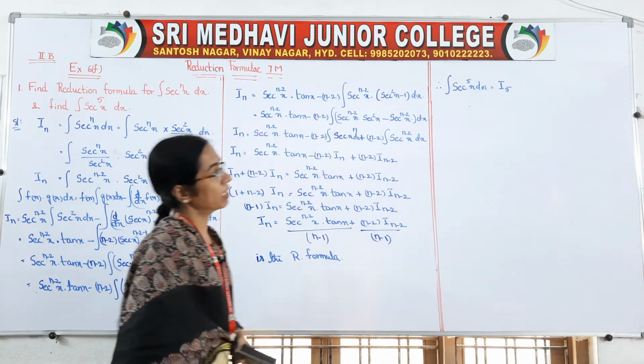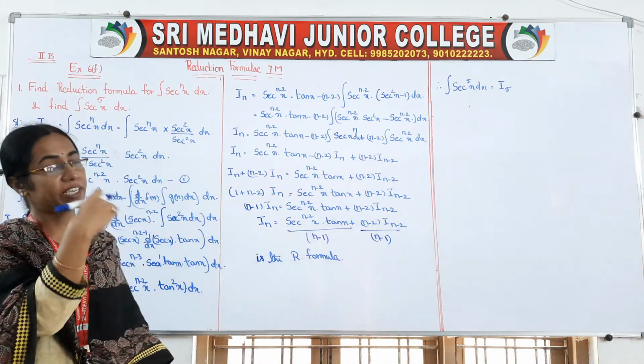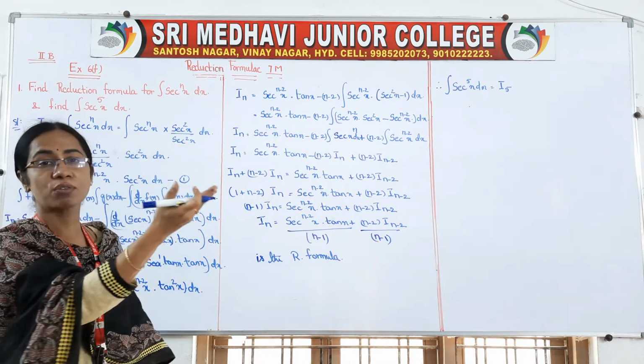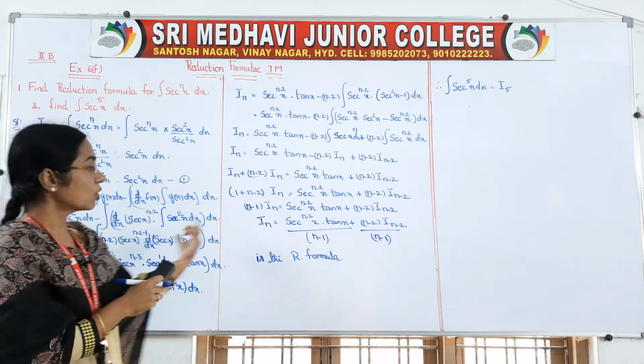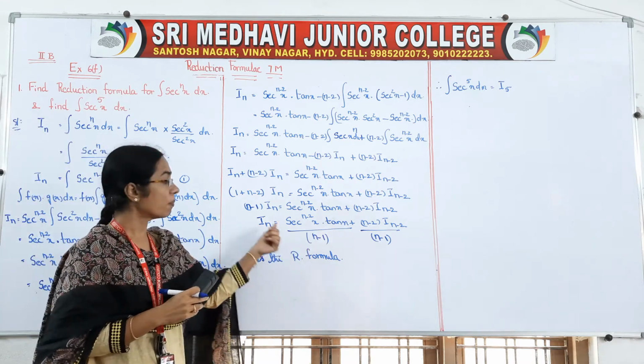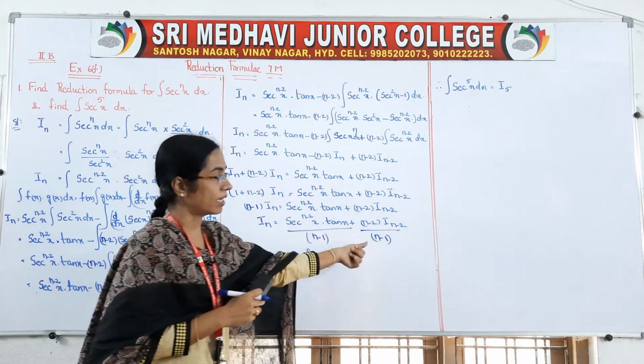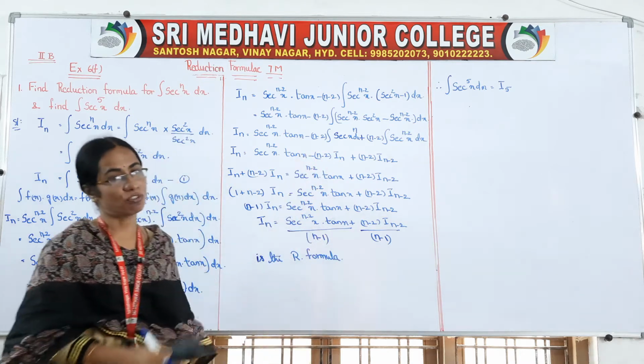Power is n in In; here power is 5, so we have to find I5. In this reduction formula, wherever n is there we have to substitute 5.